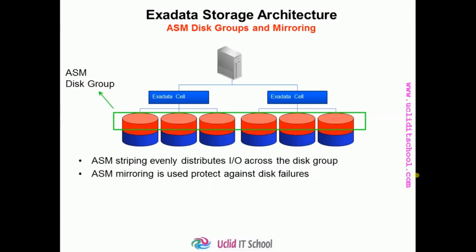Once the grid disks are created, each grid disk is treated as an ASM disk, and we use these grid disks to create ASM disk groups. For example, in this slide, each red portion is a grid disk, nothing but an ASM disk. So we use all these grid disks to create the ASM disk group.